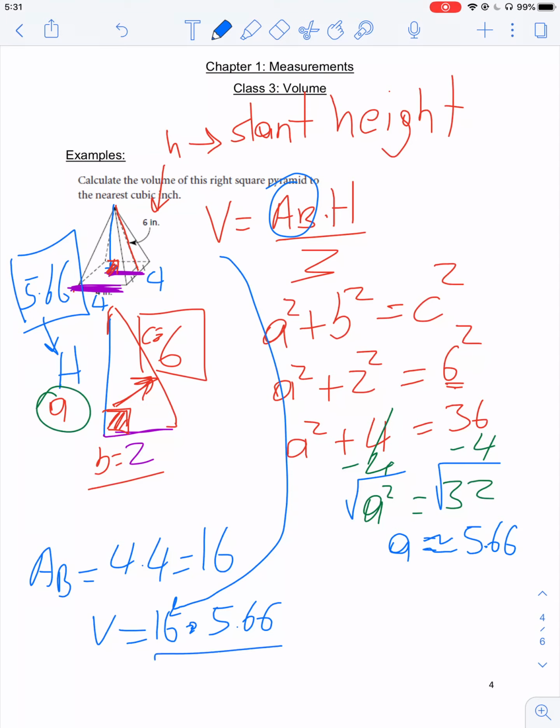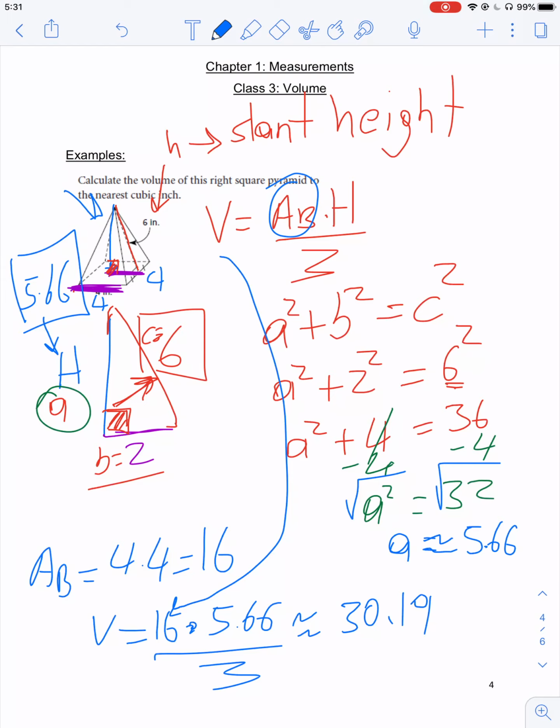And then you have to divide by 3 because remember, you can fit 3 pyramids inside a prism, okay? So 16 times 5.66 divided by 3 will give me approximately a value of 30.19, okay?